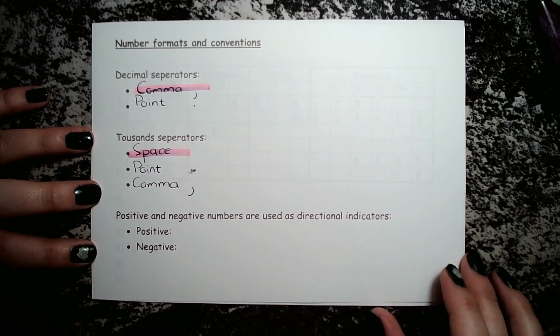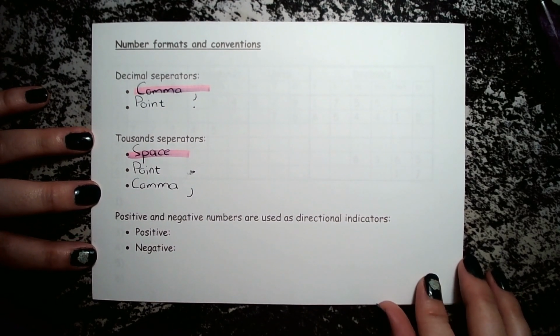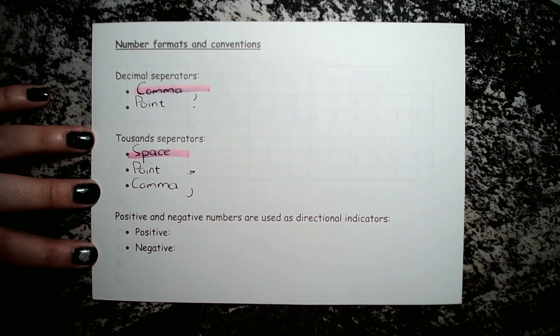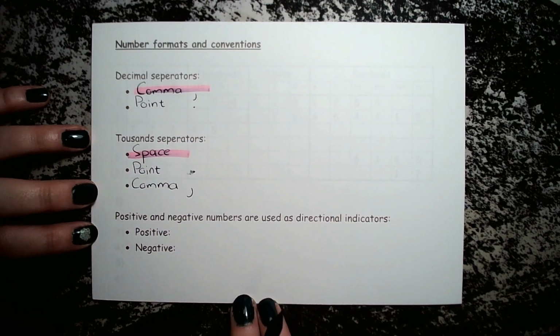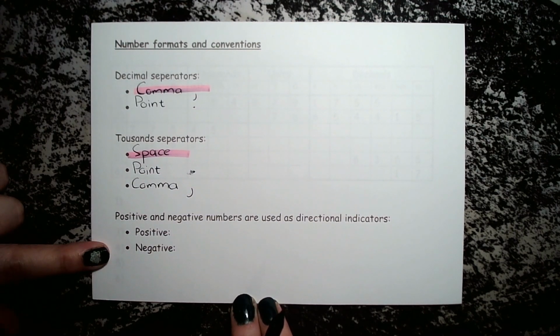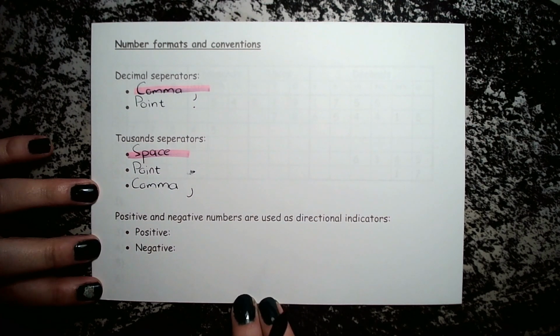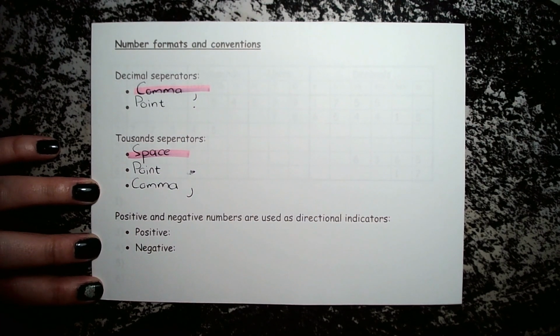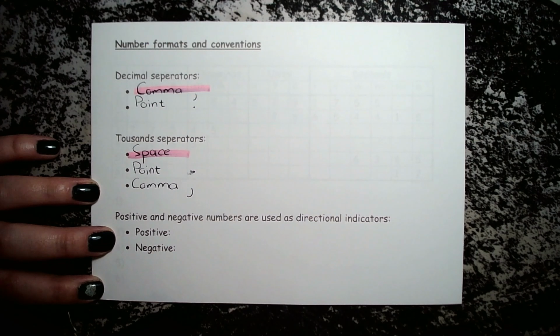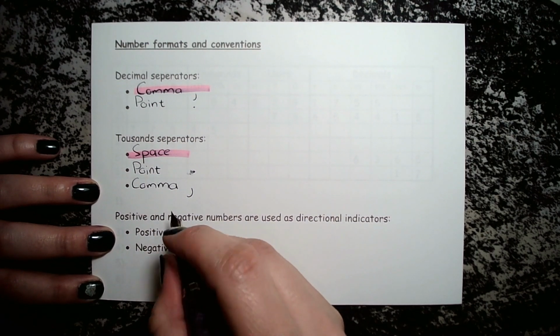Take this into account, as this can change whether you get your marks or not, depending on how strict the marking is. The next thing that we need to discuss with regards to number conventions is positive and negative numbers. Positive and negative numbers are used as directional indicators. What does this mean? If the number is positive, meaning there's no sign in front of it, it means that it is above a certain point.